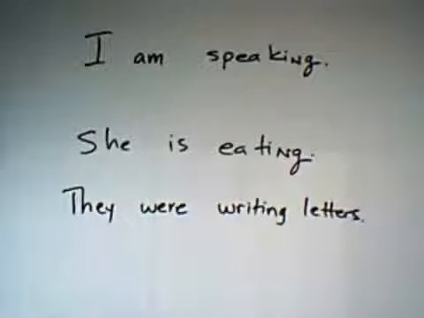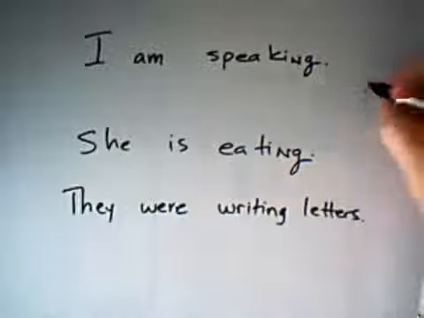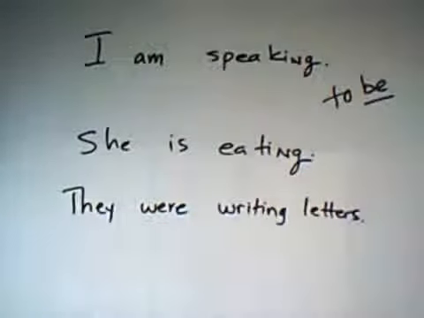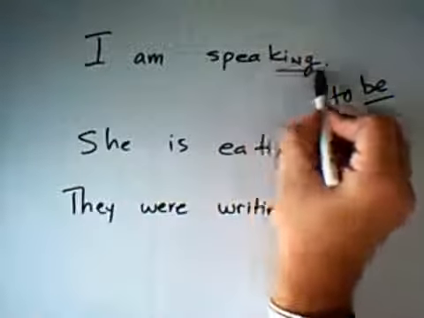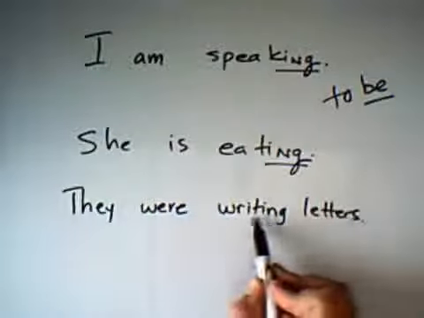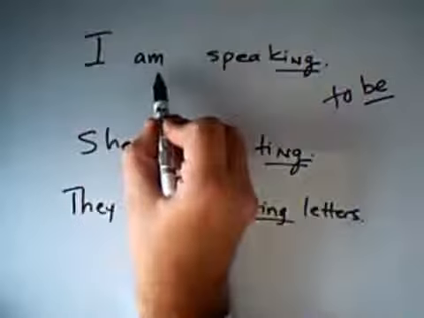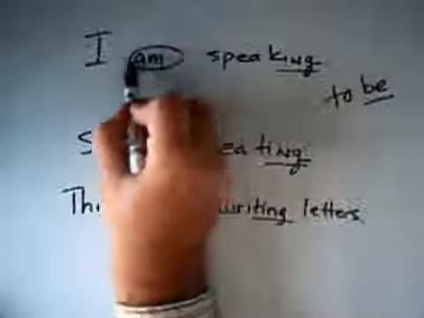So on the whiteboard, what I have are 3 sentences in English that use compound tenses. In the examples here, the compound tenses are being formed with a form of the verb to be and a present participle, which in English are the forms of verbs that end in ing. So we have I am speaking, compound form am.